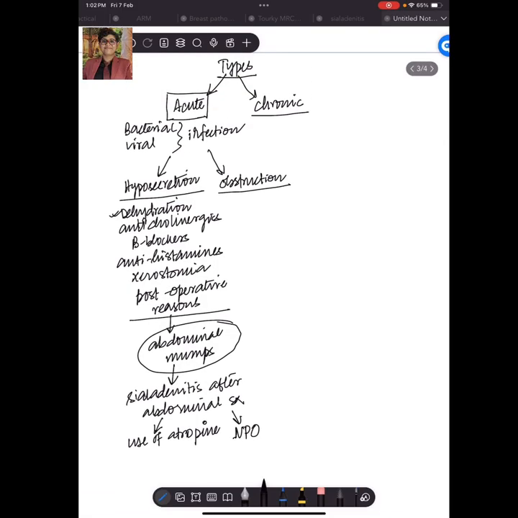Now coming to the causes of obstruction. There can be different causes of obstruction like calculi, foreign bodies, strictures, radiation, and compression by some mass, maybe some cancer or neoplastic proliferation.